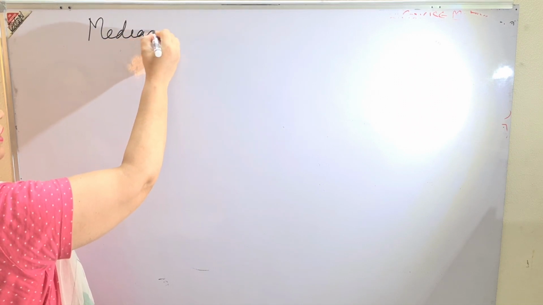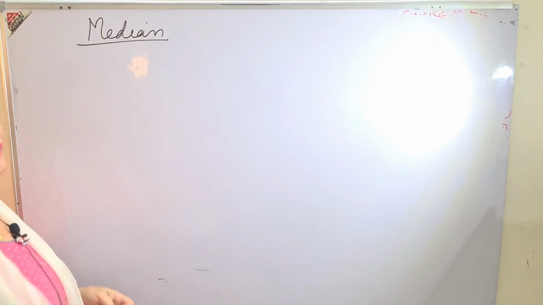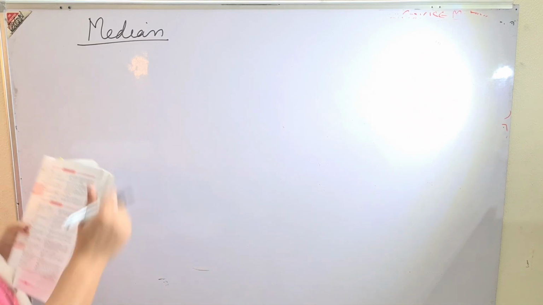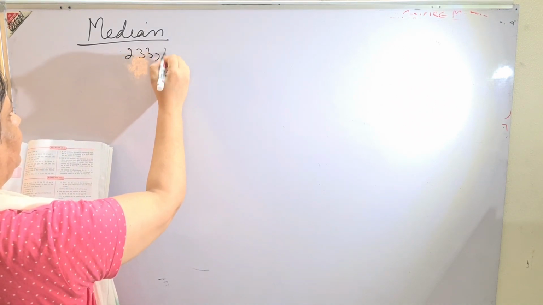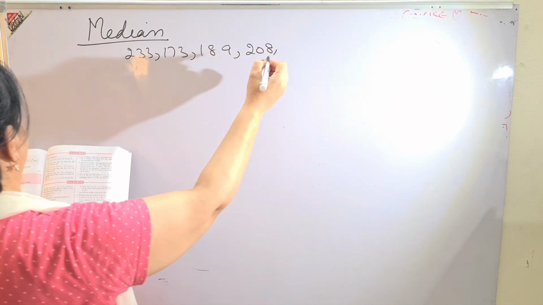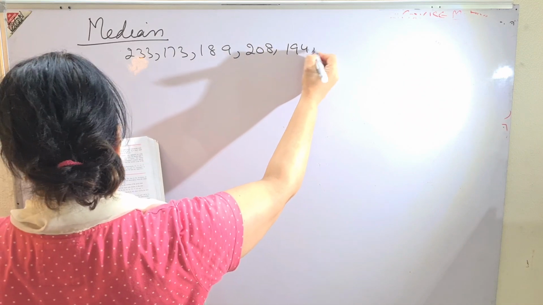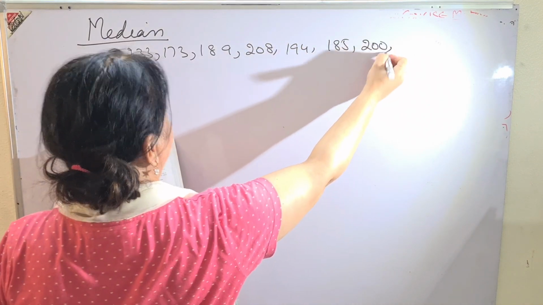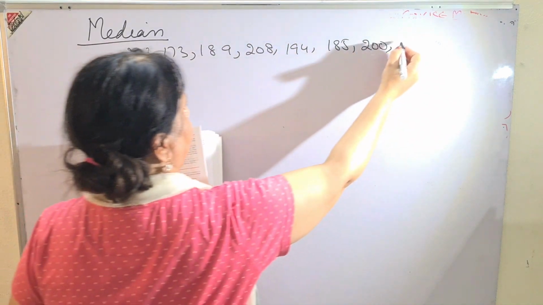What is median? Median means the middle value of the untabulated data. For example, come to exercise 19b, question number 1, I'll do the 4th part. I have been given a series: 233, 173, 189, 208, then of course 194, and of course 185, 200 and 220.